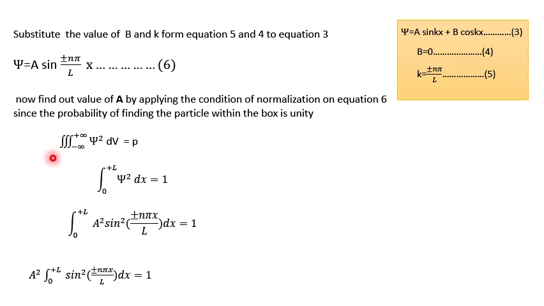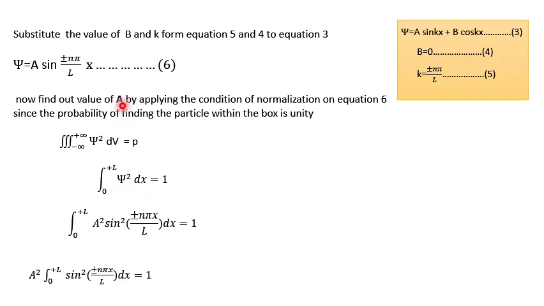It means that the volume integration of psi square dV is equal to 1. The probability of finding the particle is equal to the volume integration of psi square dV. We know the probability is 1, so in place of P we substitute 1, and because we are talking about one dimension, we take only one integration, and in place of dV we take dx.